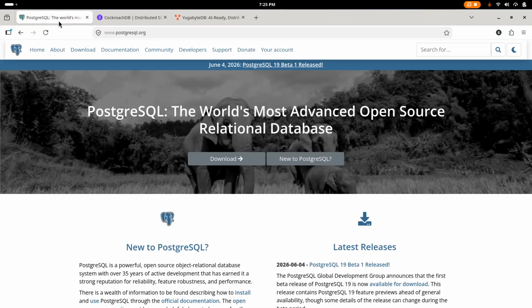PostgreSQL would be my second choice when I have to basically do everything myself, and I want always the PostgreSQL feature of that. And if I want to scale PostgreSQL, I will use pgdog to scale it.